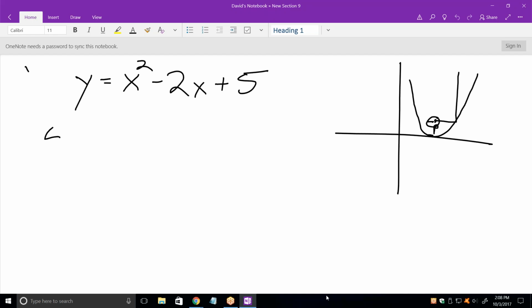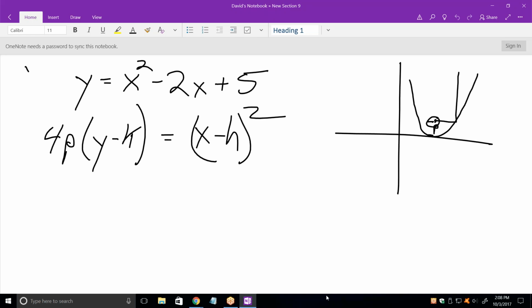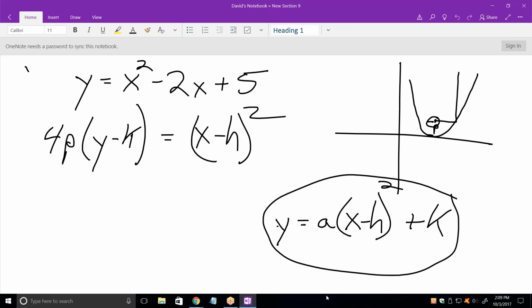And what it is: 4p times the variable that is not being squared equals the variable that is being squared, as opposed to the format that they originally taught you, which is y equals a times (x minus h) squared plus k. This is what you learned in Algebra 2, called vertex format.